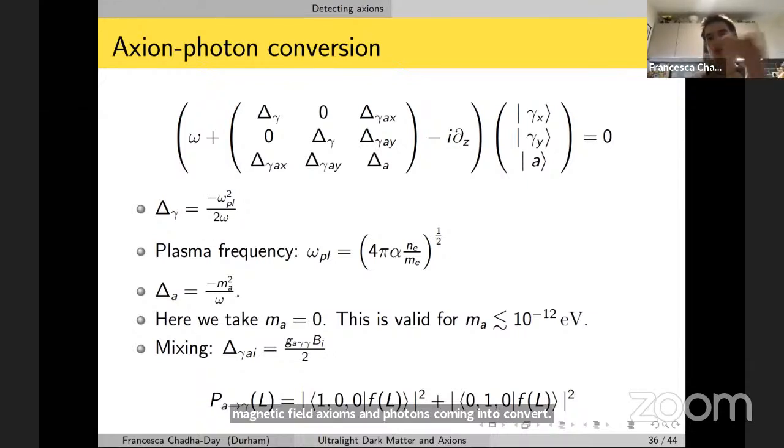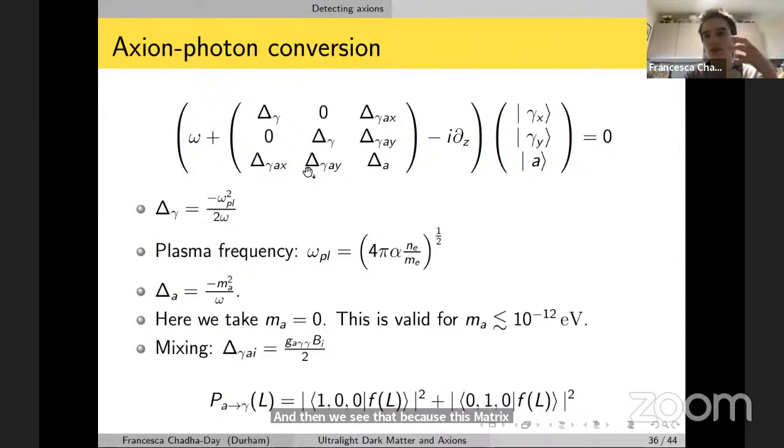So you could get a photon that was traveling along and would just turn into an axion. And this is what this equation is describing. We package the axion and the photon polarizations together into this axion photon vector. And then we see that because this matrix has off-diagonal terms, the axions and the photons can interconvert.